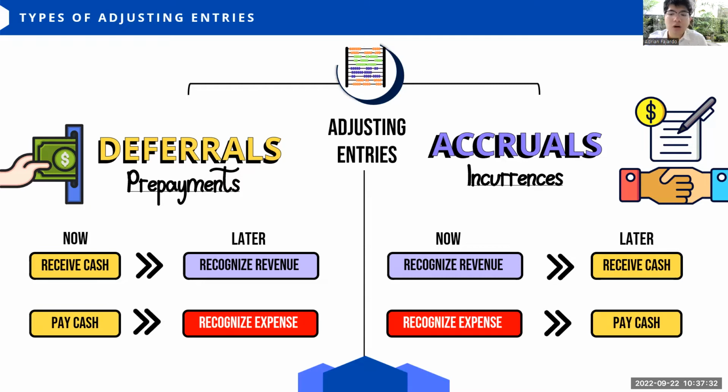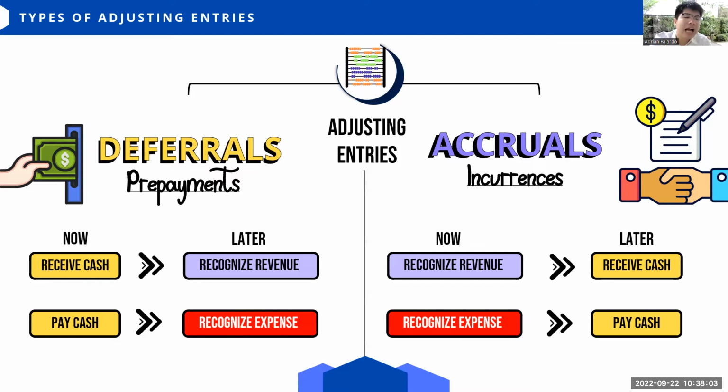Scenario 2 under accruals is that you'll recognize an incurrence first, meaning mag-recognize ka muna ng expense, and then in point B, dun ka lang magpe-pay ng cash, right? So in essence, that would be your accruals. Again, you have two scenarios under accruals. First, you recognize revenue, and then later, dun mo lang i-receive yung cash. Or scenario B, mag-recognize ka muna ng expense, and then later mo na ipipay si cash.